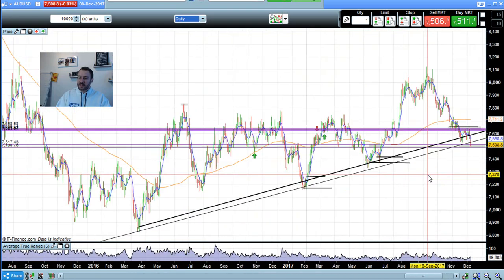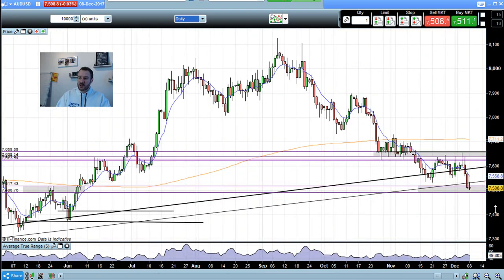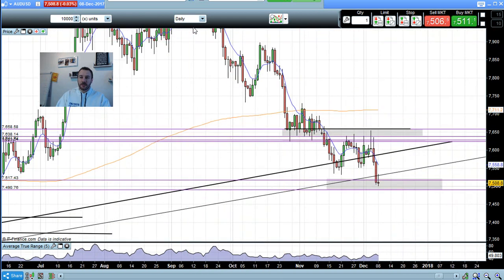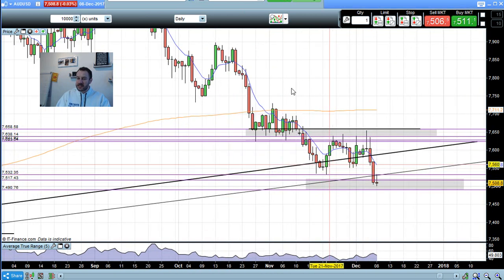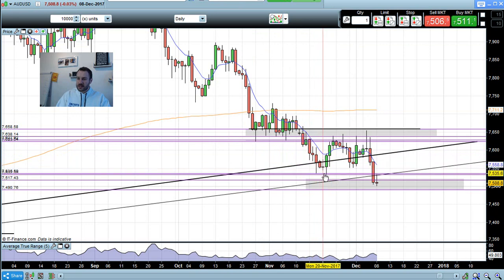So what you have to be aware of is, although we're at a key level of support and it's worthwhile looking for buy positions, the market is overall bearish. So it's more than worthwhile looking to sell into rallies. Now we have a minor level for me, 7530 to 7535. We actually tested it on Friday.